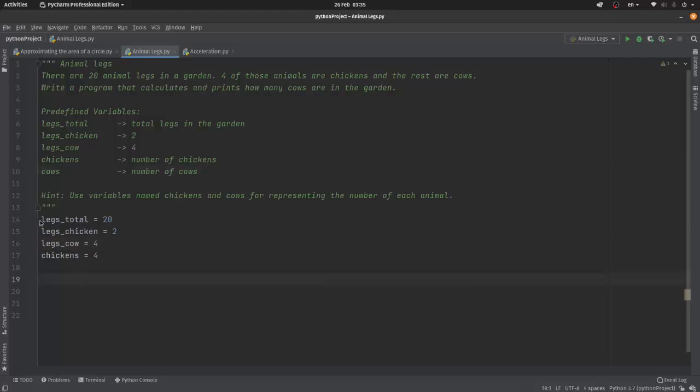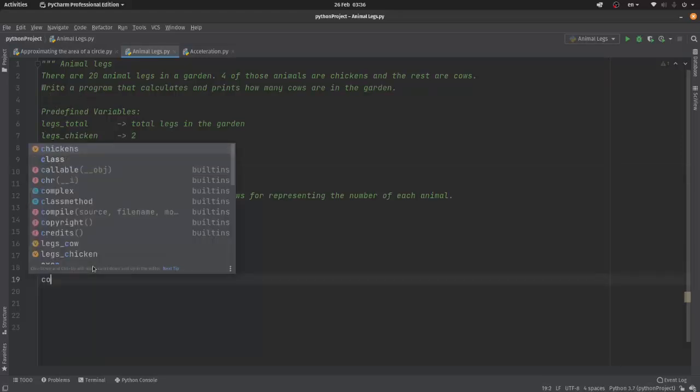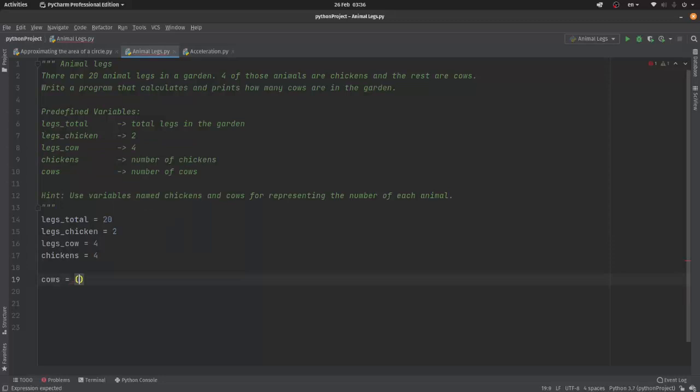So we have the variable for total legs in the garden, the legs of a chicken, like legs of each chicken, one chicken, not all the chickens, and legs of one cow, and the number of all chickens in the garden. So the only information we don't know is the number of total cows. So that's what we need to calculate now. In order to find that, we need to find the total number of cow legs in the garden.